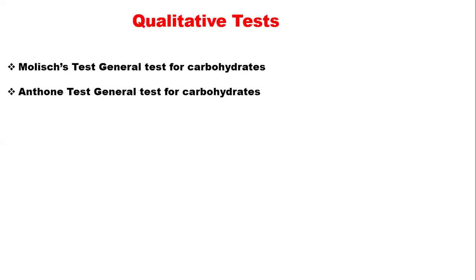So for the qualitative test, there are many qualitative tests, but for the purpose of our lab, we are going to discuss basically 6. We'll talk about Molisch test, which is a general test for carbohydrates. We'll talk about Anthrone test, which is also another general test for carbohydrates. We'll talk about iodine test for glycans, that's starch and glycogen.